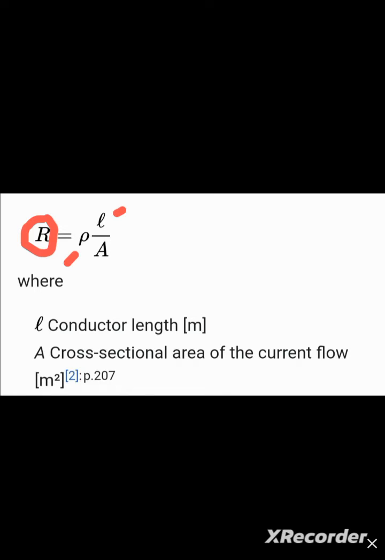So usually, let's say you have a piece of conductor, the resistance of that conductor can be changed by altering its geometry. For example, you can alter the length of this material or the cross-section area, and then you have a change in resistance. But what if you are able to alter the rho as well, which is your resistivity?